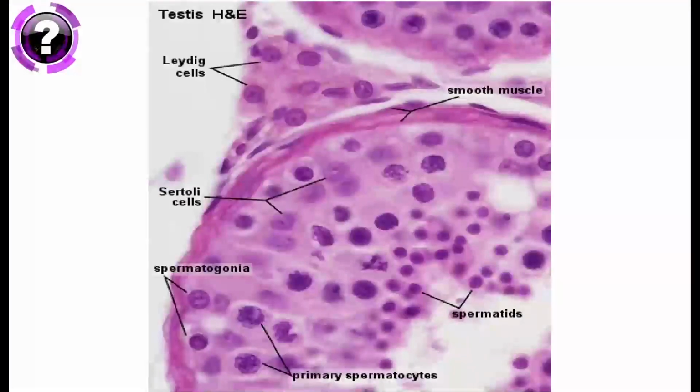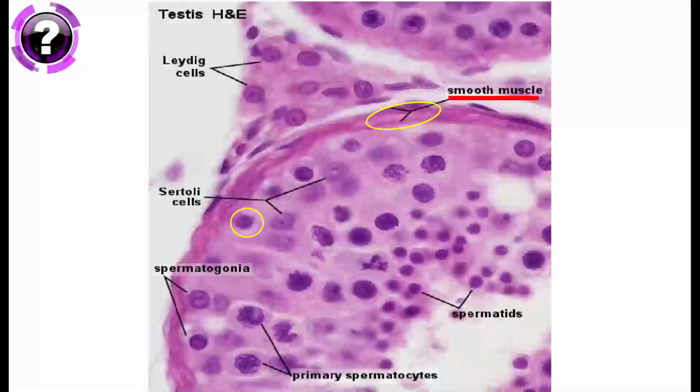These cells include the series of spermatogenesis, beginning from the primitive cell, which is the spermatogonia, and ending with the spermatids. Now, here is the wall, the myoid wall. Myoid means muscle, and it is made of smooth muscles and other cells as well.